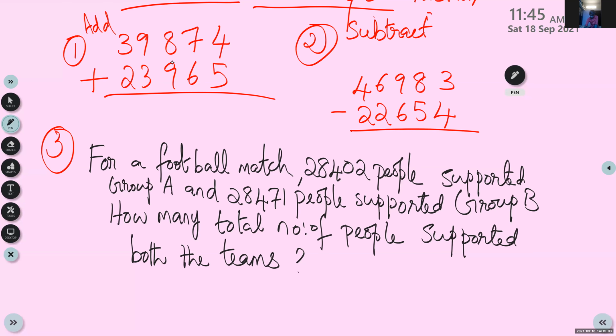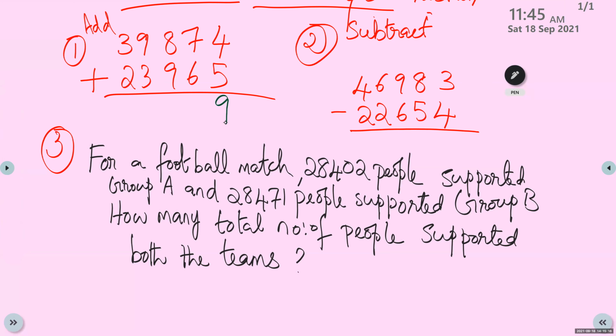So Yashika, can you give me the answer? What is 5 plus 4? Yes, Devananda, 5 plus 4? 9. What is 6 plus 7? 13.